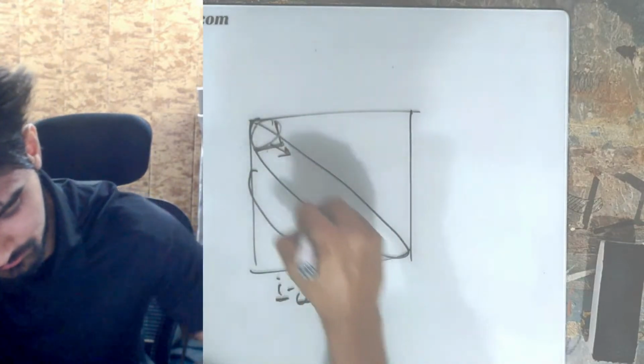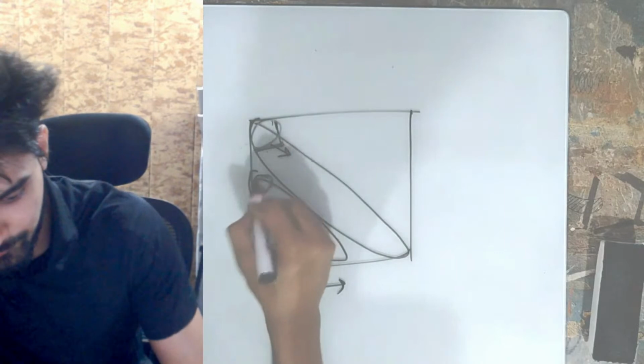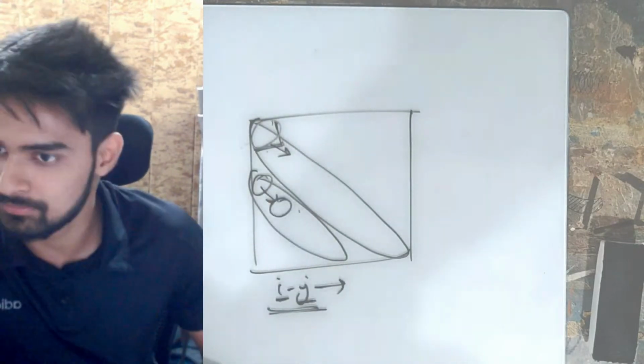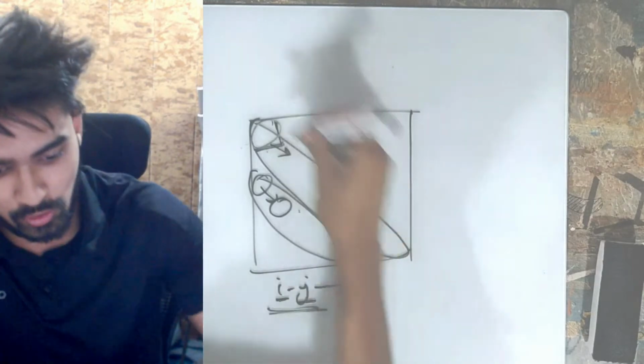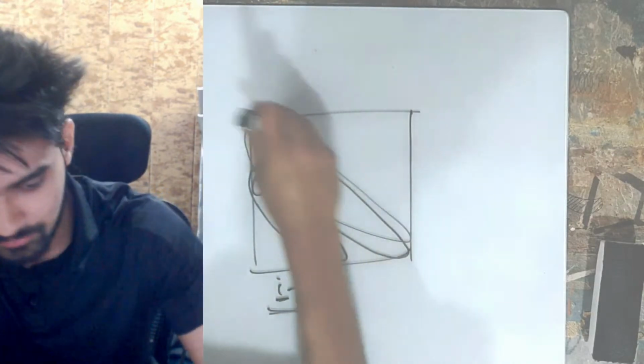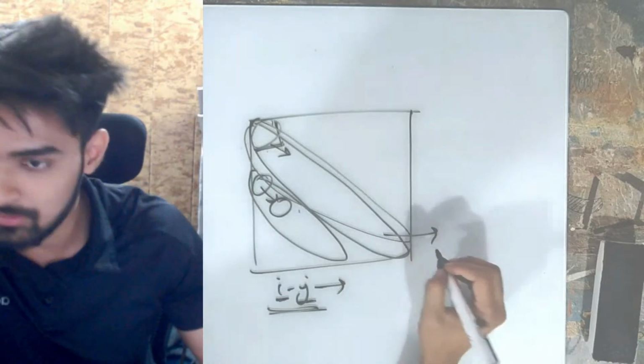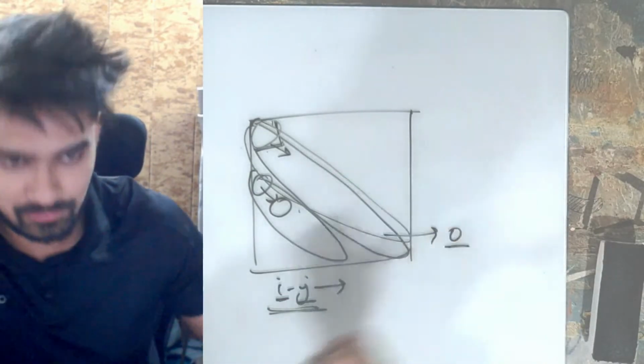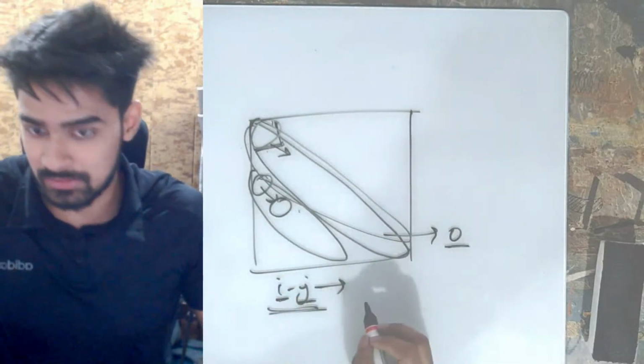Similarly for this diagonal, if you move every column down and right, the value remains the same. Therefore all the elements in this diagonal will have the same value, which is 0 if we are assuming i minus j.